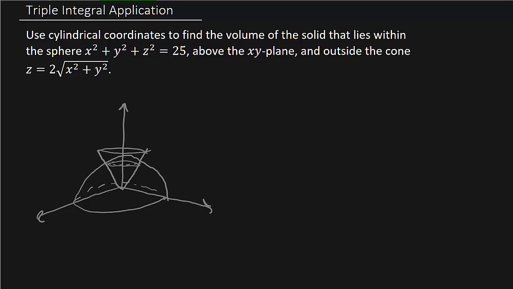Well, I guess we really need that. All right, so what do we have to do here? Let's get the sphere. Let me change colors again. Let's take the sphere x squared plus y squared plus z squared equals 25.